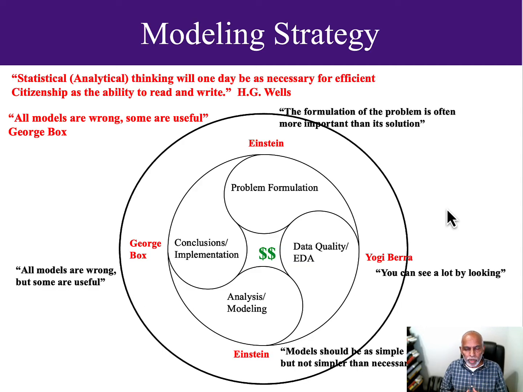So last time I did bring this particular slide that gives you the overall modeling strategy under what is broadly called ML ops. There are 4 stages to it. The formulation of the problem is often more important than its solution.